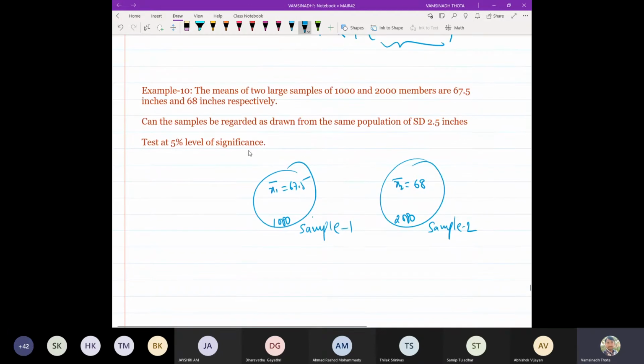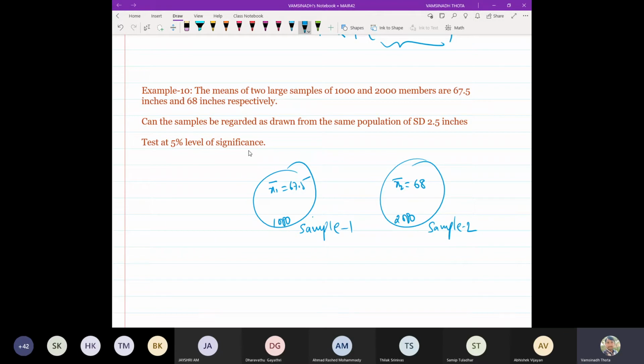So what actually we need to check here? The question is asking whether both the samples are drawn from the same population or not. Now, when we say both the samples are drawn from the same population, two conditions should be satisfied.